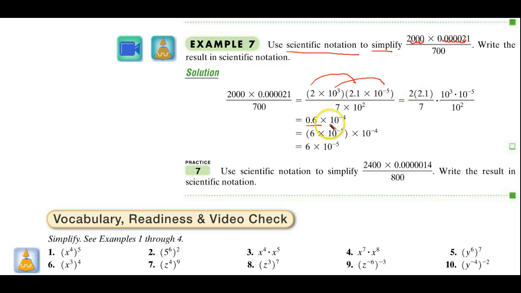Okay. So now, this is not in scientific notation. So I have to move the decimal place over 1 this way, subtract 1 from that, and that gives me a negative 5 times 6. So there in scientific notation is the result of all of that.